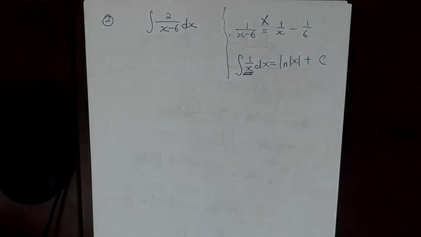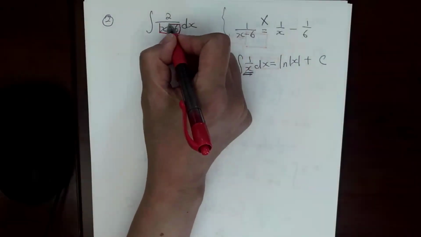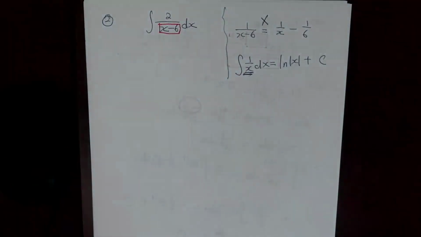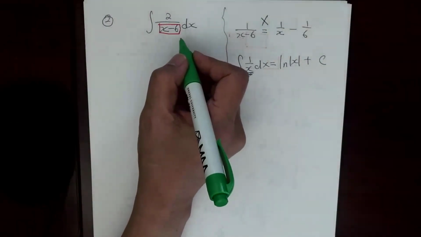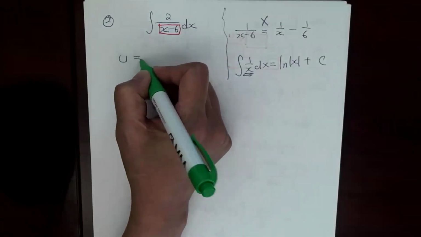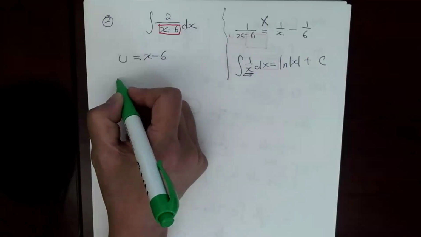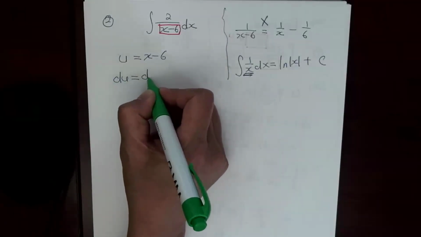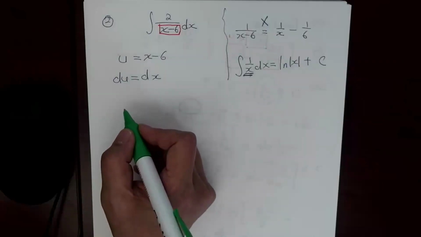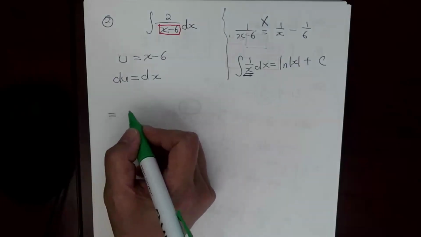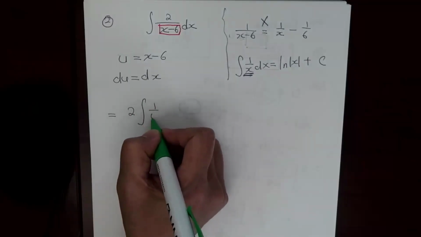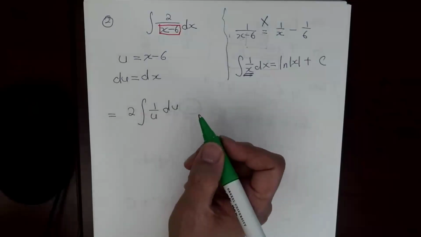So what we want to do is put this one as u. Moreover, the derivative of the denominator is just dx because that's degree 1. So I would put u equals x minus 6, then du equals dx. And then this integration will be rewritten as 2 times integration 1 over u du, right?